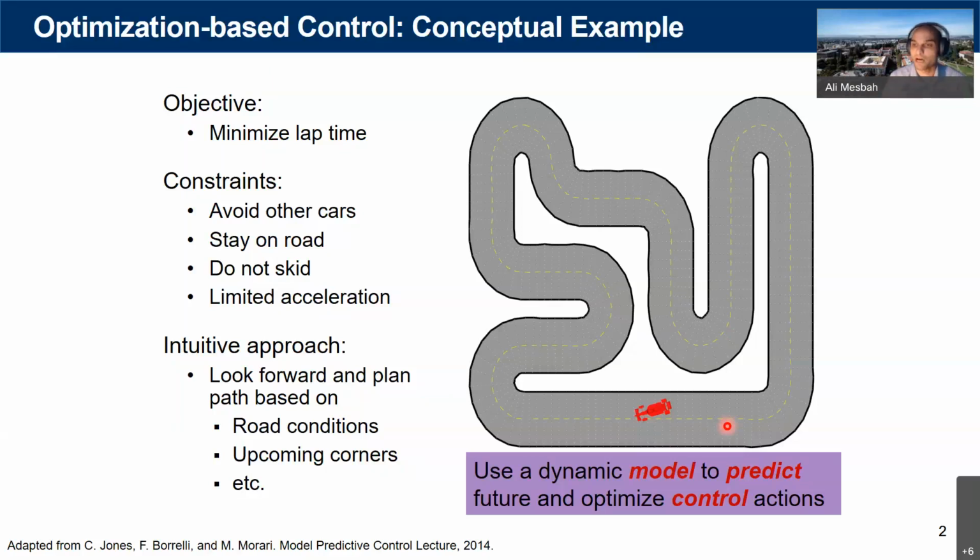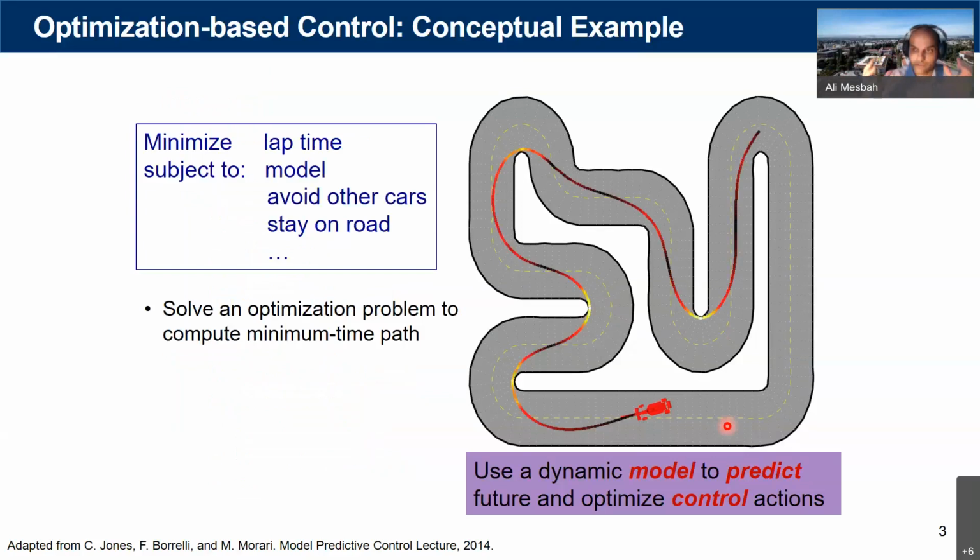And accordingly, we optimize our acceleration, our speed, and so forth, in order to get around the track. So this intuitive viewpoint can be mathematically formulated as an optimization problem, meaning that we want to minimize the lap time, let's say, subject to a prediction model and some constraints that we would have to honor as we drive the car.